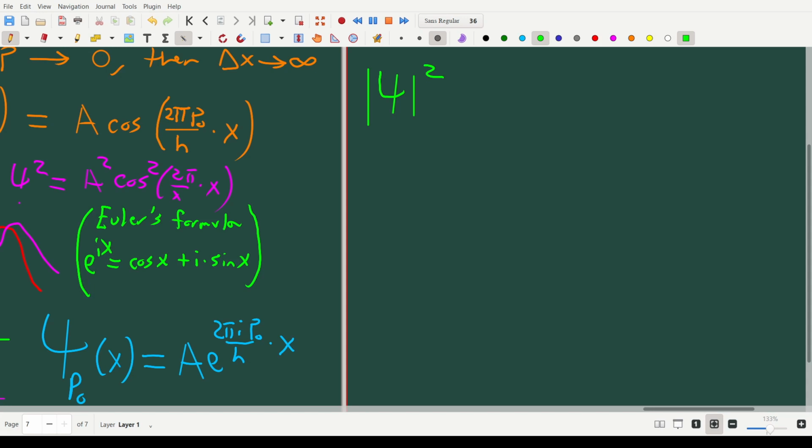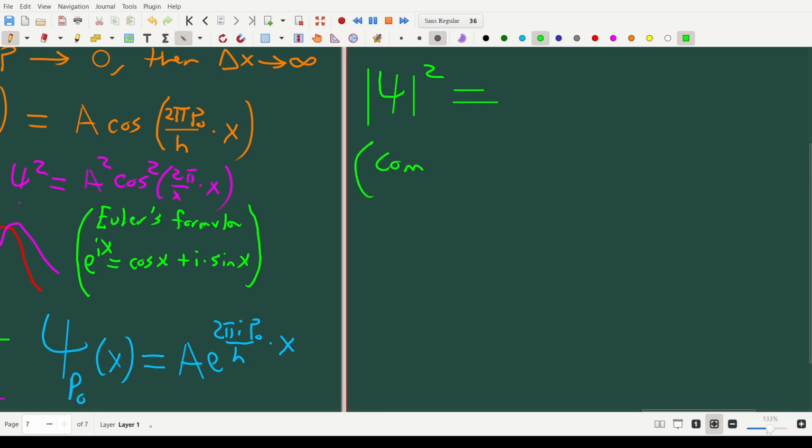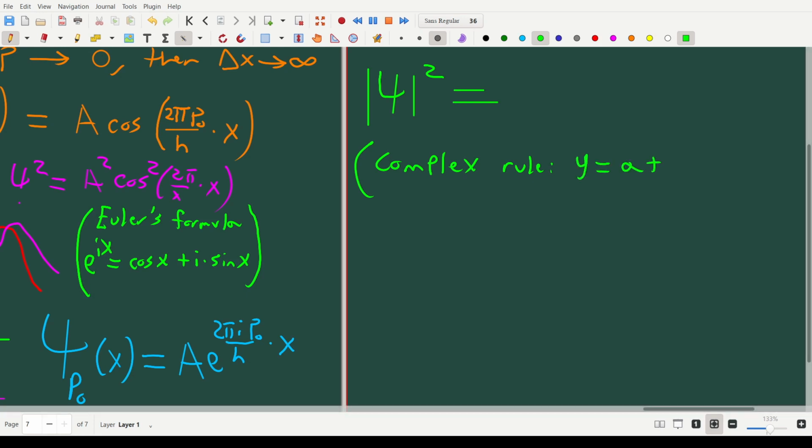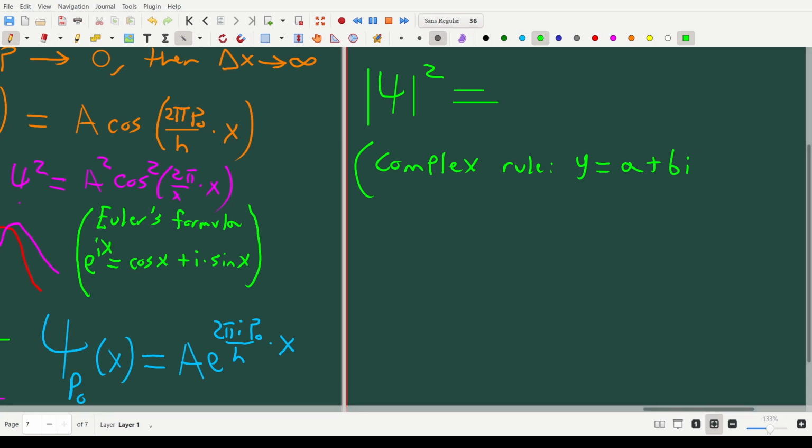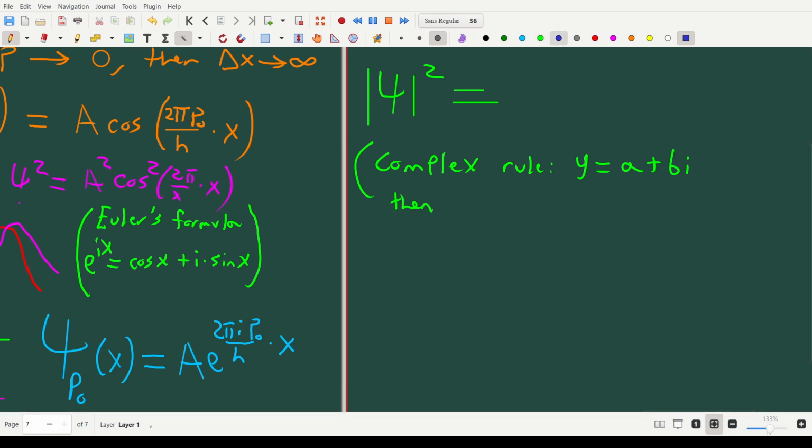So when you multiply, the rules of multiplying two complex numbers together, I'll come back to it. So the complex rule is that if you have a number y, which is equal to a complex number a plus bi, then y squared is equal to y star times y.